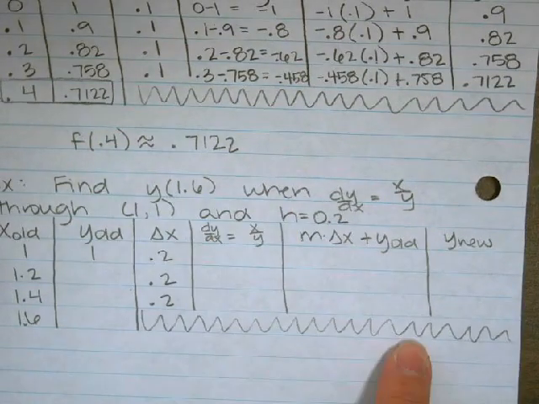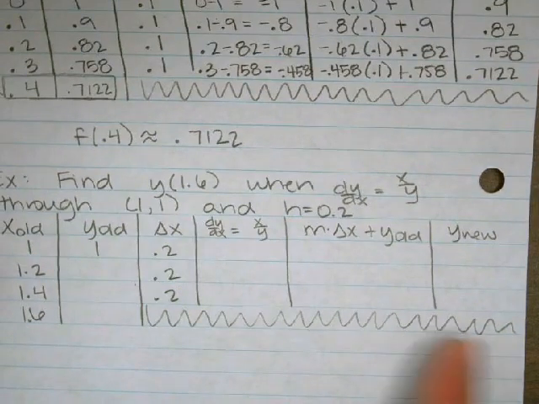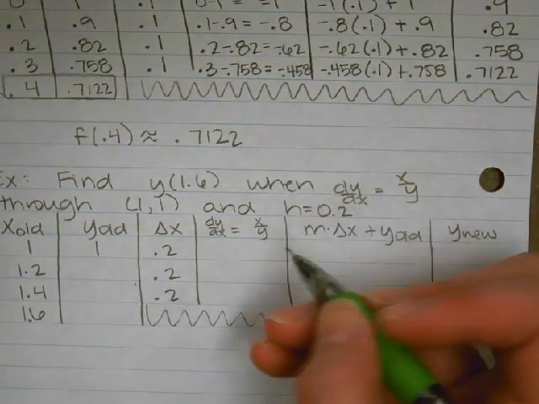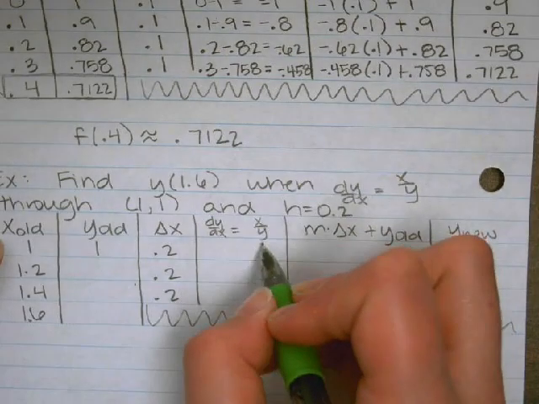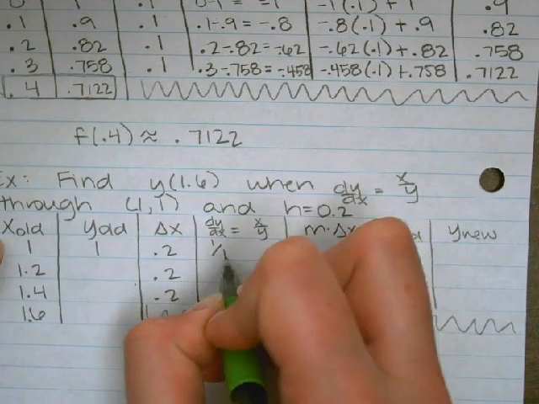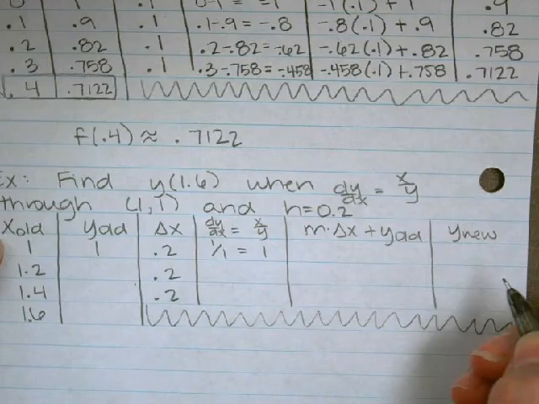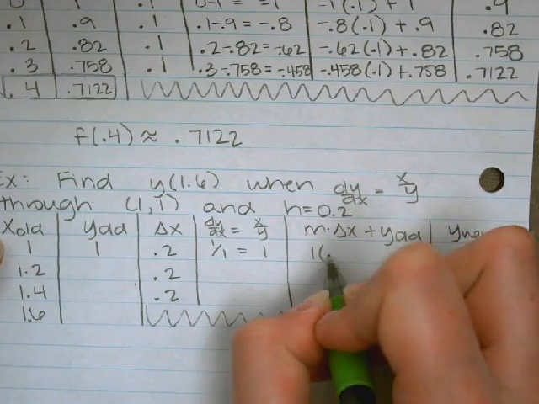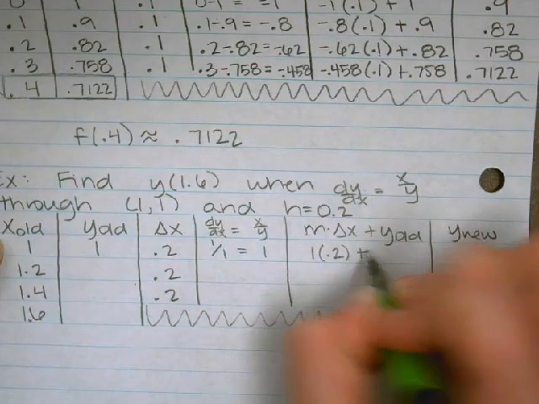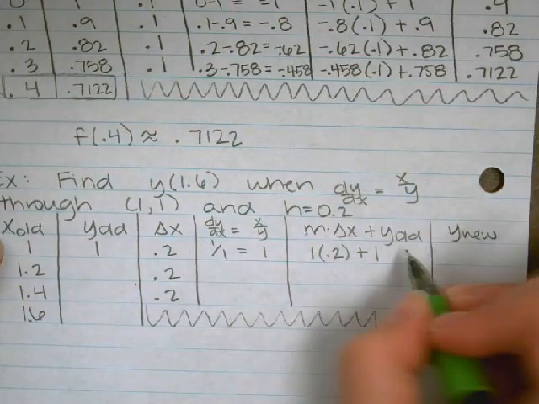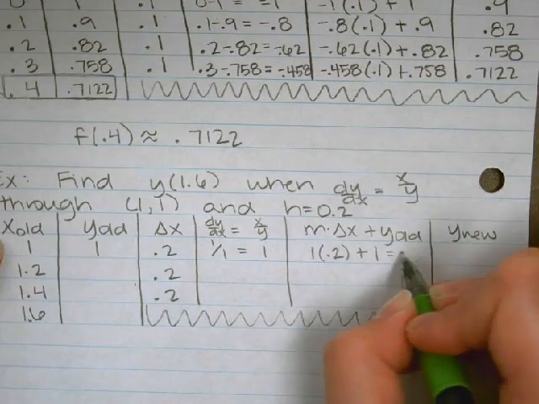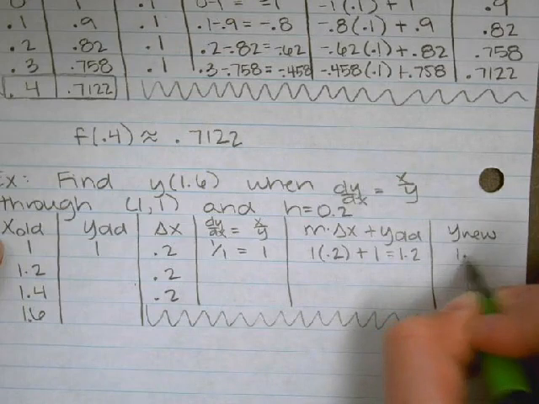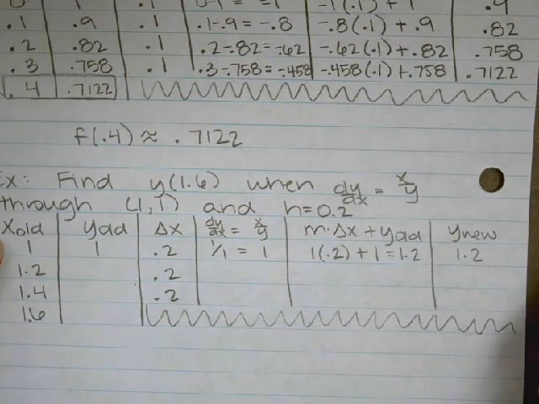I always do this because I found that if I don't, I keep filling out the table and I go too far. All right, so dy dx is x divided by y, which is 1 divided by 1, and that just equals 1. So I have my slope times delta x plus my old y value. So that's 0.2 plus 1, which is 1.2. So 1.2 is my new y value.